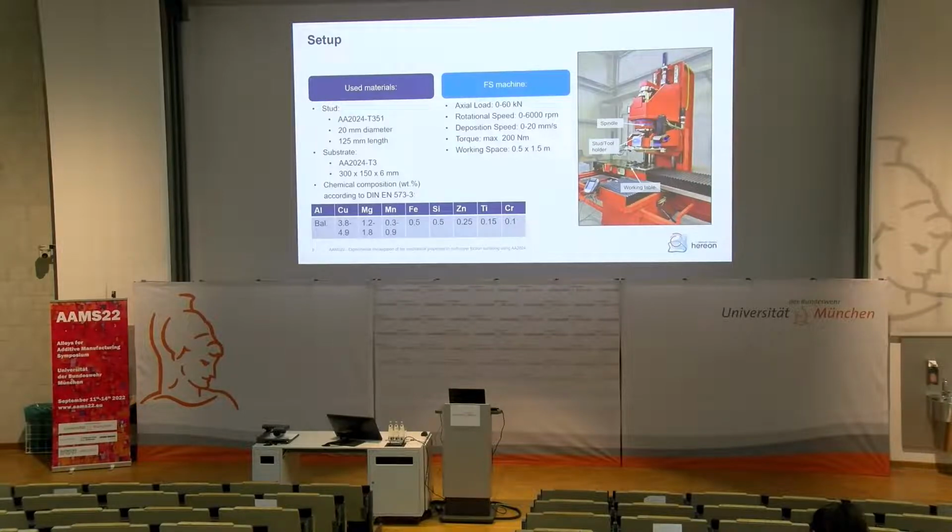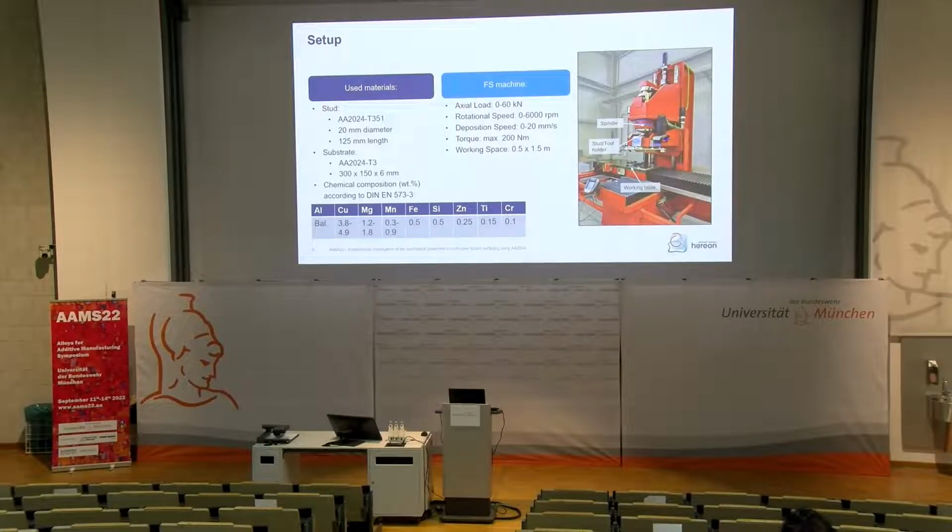In this study, we used for both the substrate and the stud material the aluminum alloy 2024, and the diameter of the stud in this study, like in almost every study we're doing at the moment, is 20 millimeters, and it has a length of 125 millimeters. Our machine is capable of applying loads up to 60 kilonewtons, rotational speeds up to 6,000 revolutions per minute.